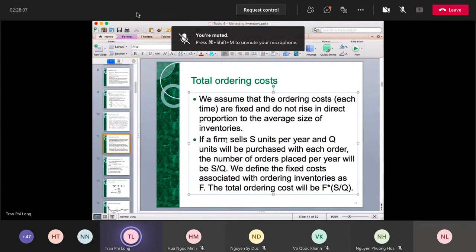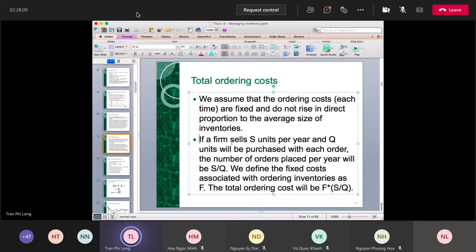And assume that a firm sells S units per year, and Q units will be purchased with each order.